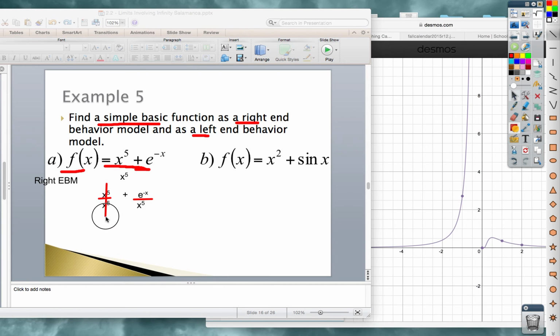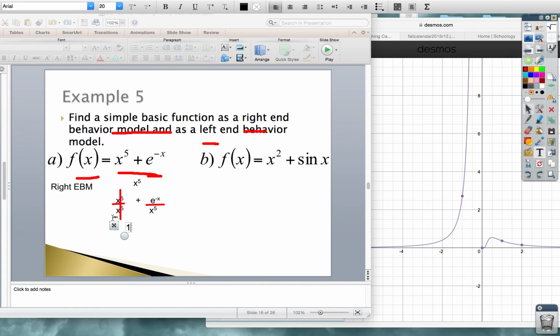As we split them up, you'll notice that these cancel out, and you're left with that 1, plus you'll notice that e to the negative x has a negative exponent. So theoretically, it should be written as x to the fifth times e to the x.